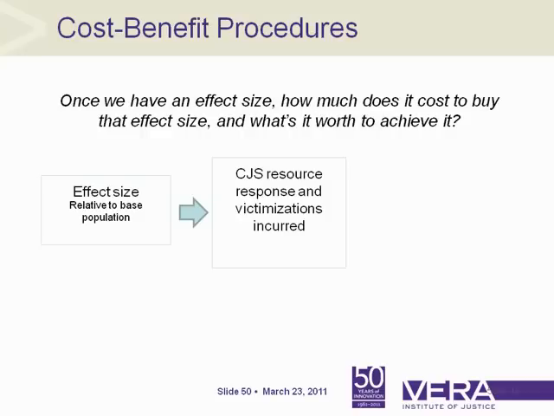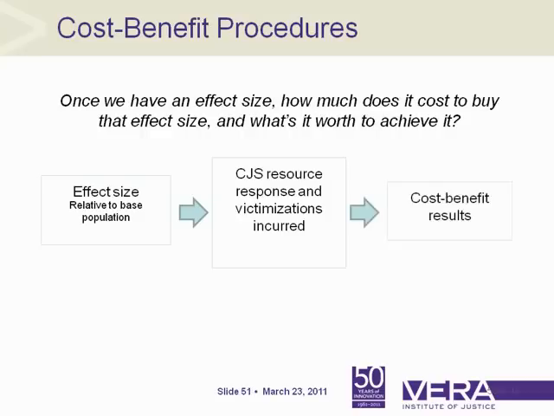So you calculate the probability that all these resources may be used, then you calculate how long they're used, and then you put a price tag on those estimates. You also come up with a cost estimate for being a victim of crime too. So the cost-benefit results don't just incorporate criminal justice system or taxpayer dollars, but they also incorporate victimization dollars too.